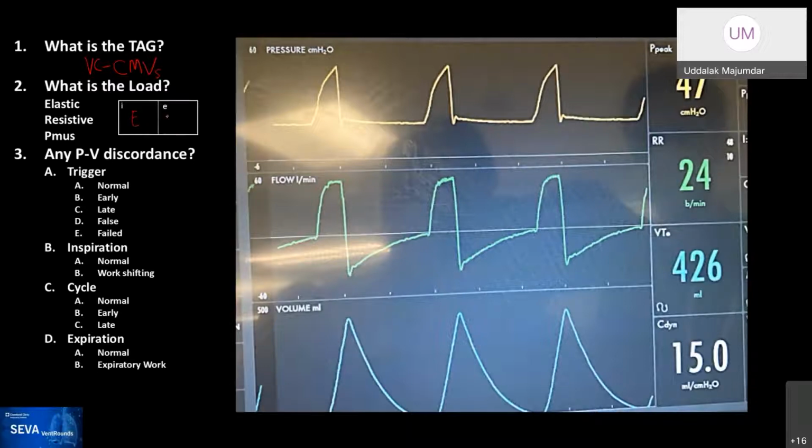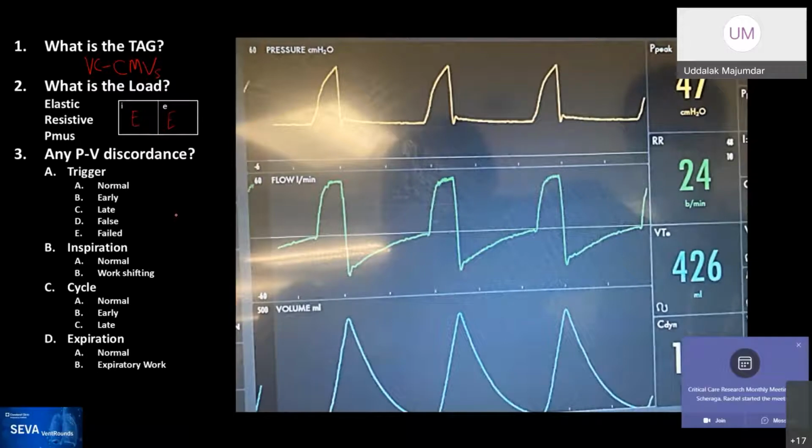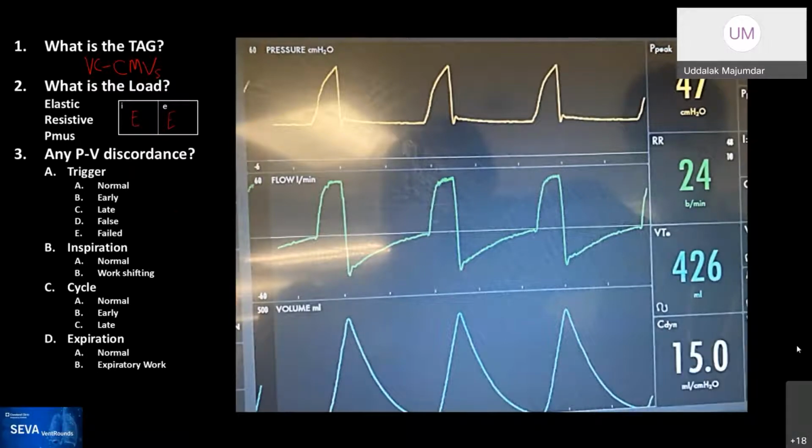In terms of PMAS, the hump on the inspiratory limb, in terms of pressure, I'm not sure what to make of the hump. There could be a little PMAS in there, but I cannot be completely sure.